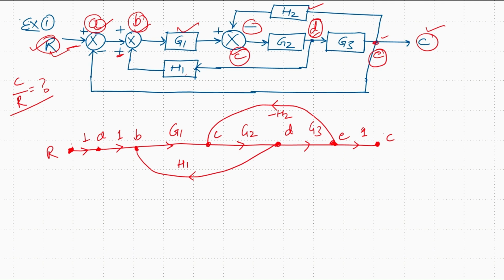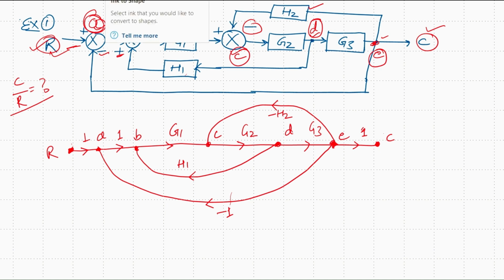And from node E to node A, we have a feedback. The value equals minus 1, since there is a negative sign there and no gain is given as such. Because it is the summing element with a negative sign, we will put a minus 1 there. So this is how we will convert a block diagram into a signal flow graph.